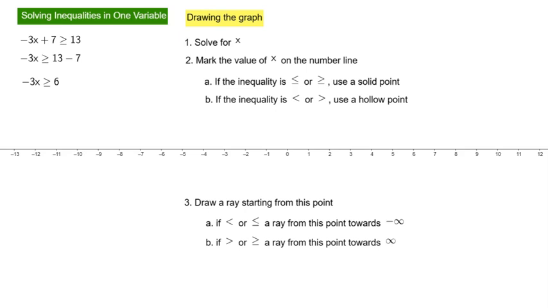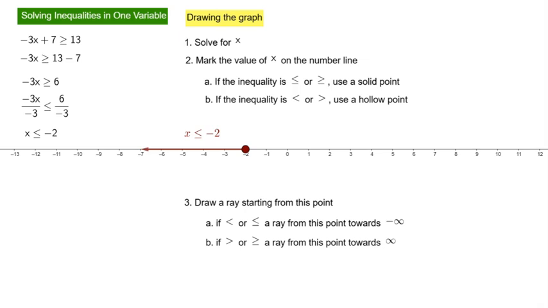So since we are dividing by a negative number, the inequality reverses. So minus 3x divided by minus 3 is less than or equal to 6 by minus 3, which gives us x is less than or equal to minus 2. Now graphing, same procedure we follow.